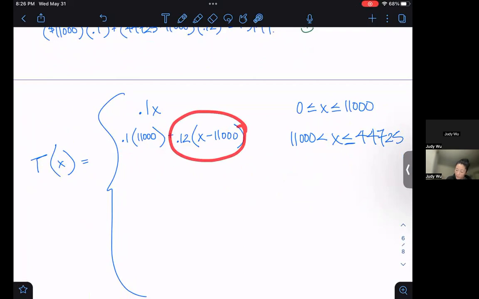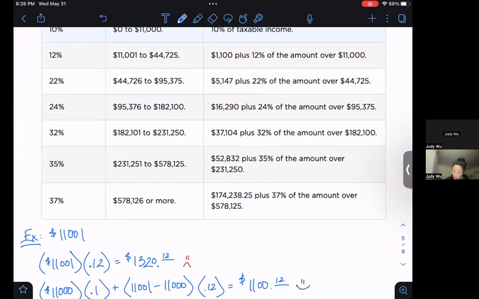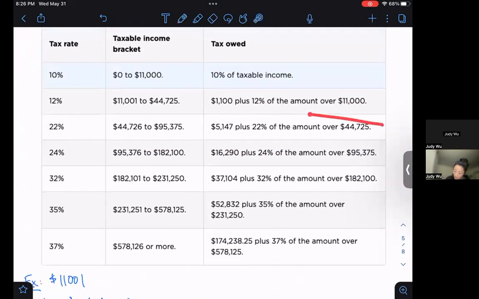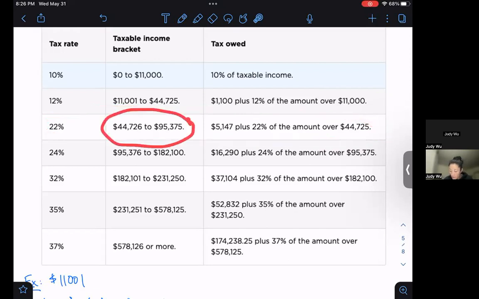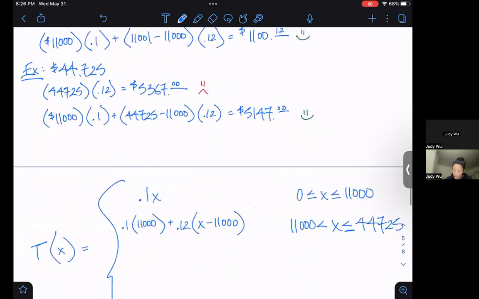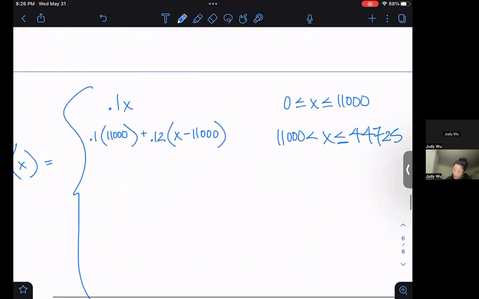Now I know I said I would write one more of these. So let's go back up and find the third line. So now we've got 22%, as soon as we're between 44726 and 95375. So it goes up substantially.